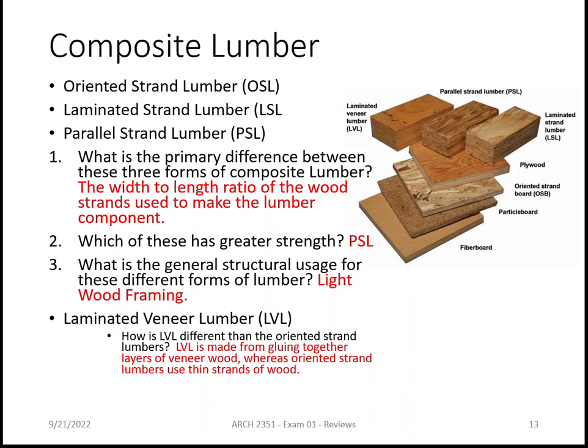PSL has the highest length to width ratio. LSL has a little smaller, and OSL has the smallest, okay? So from top to bottom: OSL, LSL, and PSL. PSL is the strongest. It's the only oriented strand lumber that actually can be used for structure.